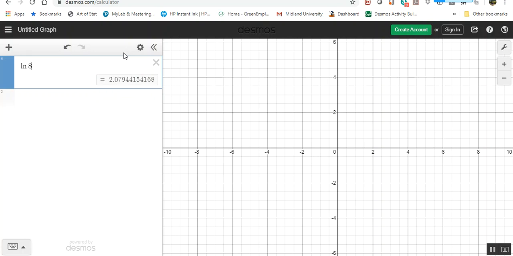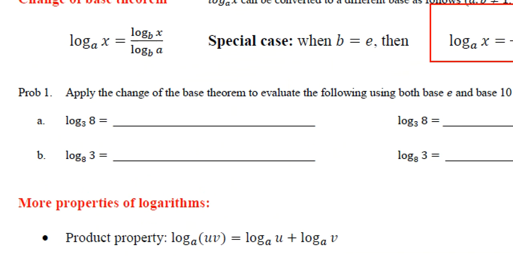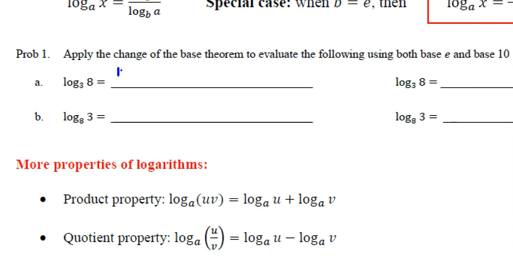Then you can continue to divide by natural log of 3. This gives you about 1.893. So let's go back. When you do natural log of 8 over natural log of 3, this is about 1.893.